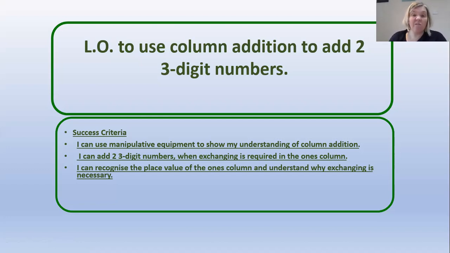We are going to show that we know when we exchange in the ones column, because we don't exchange every time we do a column addition calculation. So it's all part of understanding when that happens, and also knowing our place value and understanding all those columns in our column addition and what they mean.